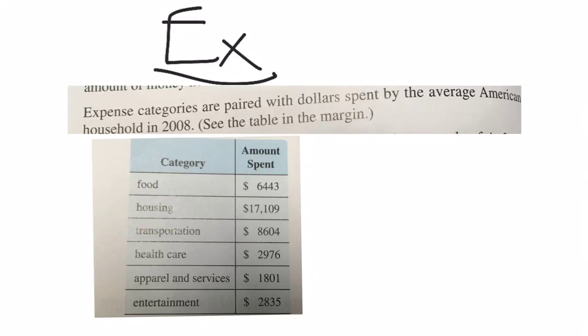Let's look at a generalized example before we get into how it applies to the coordinate plane. Here's the table with the average expense per household for various categories in 2008. Suppose we want to write an ordered pair pertaining to housing.